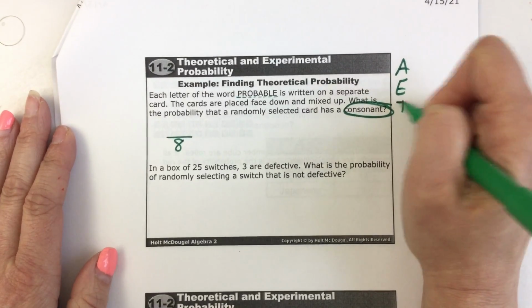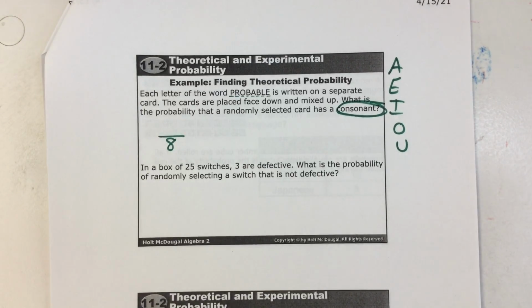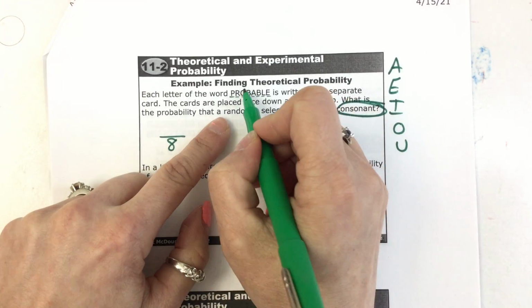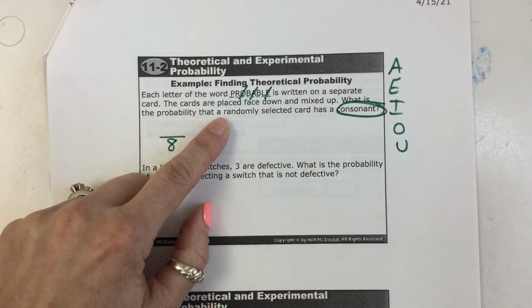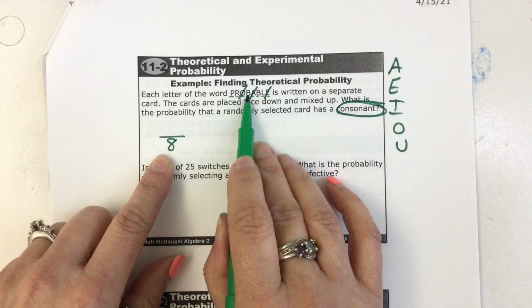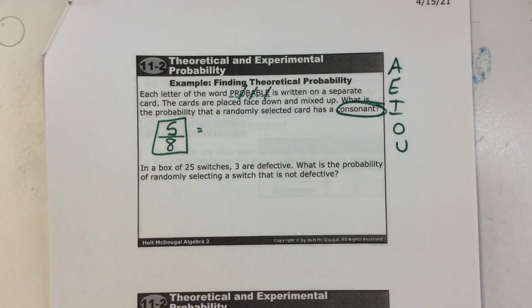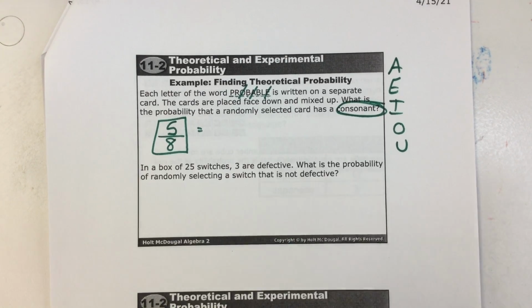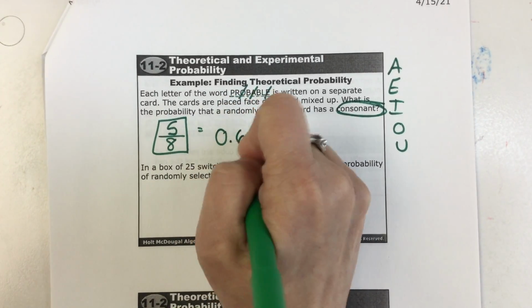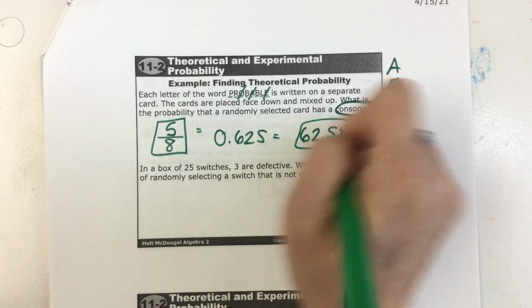Vowels are A, E, I, O, and U. Unless they specify Y, you never count Y. So I would cross off any A, E, I, O, or U. I cross off 3. How many letters are consonants? 1, 2, 3, 4, 5 out of the 8. I cannot reduce the fraction. If I turn it to a decimal, 5 divided by 8 is 0.625, which is 62.5%.